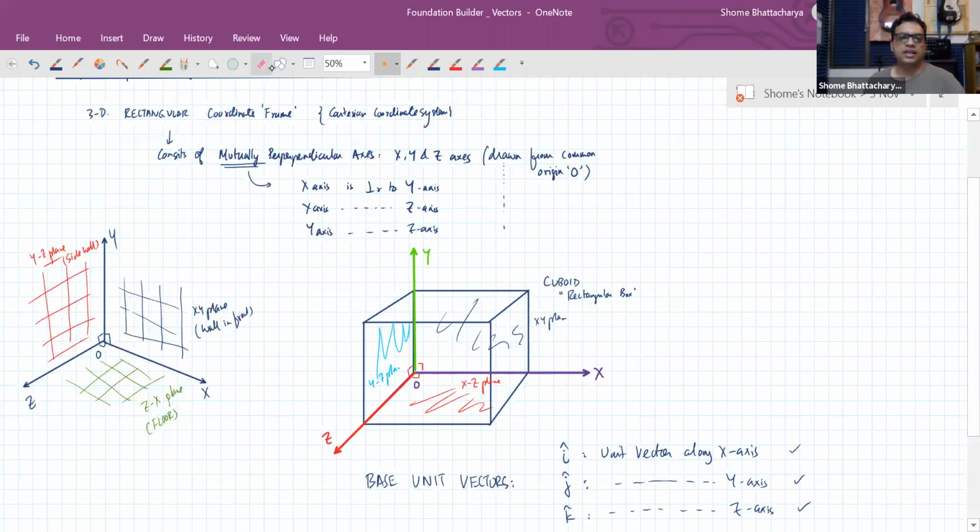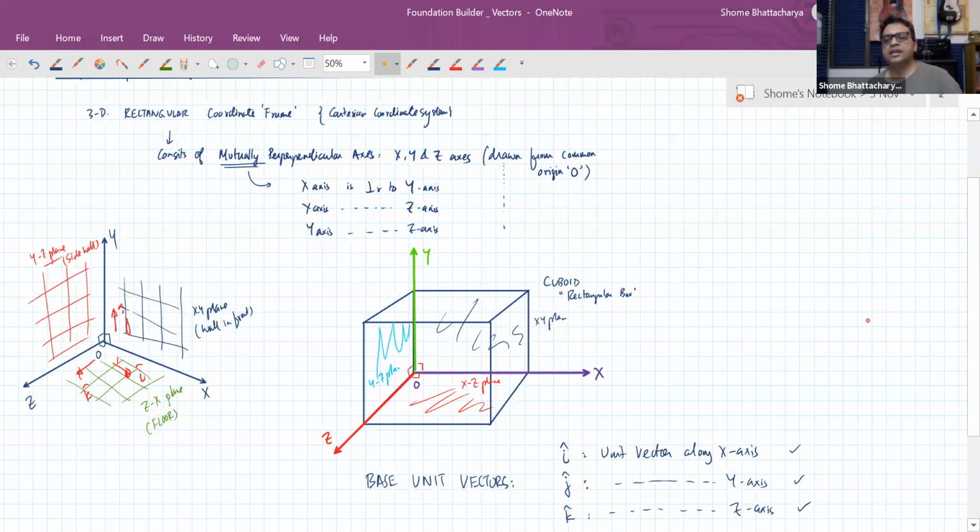So in this diagram, for example, how would these unit vectors look? This is i cap, a vector of magnitude 1 along the x-axis. This would be j cap, and this would be k cap. Or strictly speaking, if we look in a two-dimensional system, this is your x-axis, this is your y-axis. If we look at it this way, then i cap is the unit vector like this, j cap is the unit vector like this.